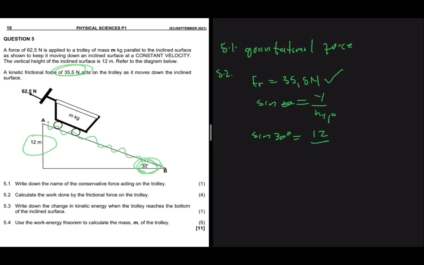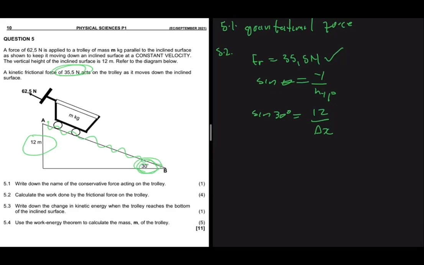That's what we are ultimately interested in, so we can label that as delta x. So delta x will be equal to 12 divided by sine of 30. And then if we do that, we get 24 meters.